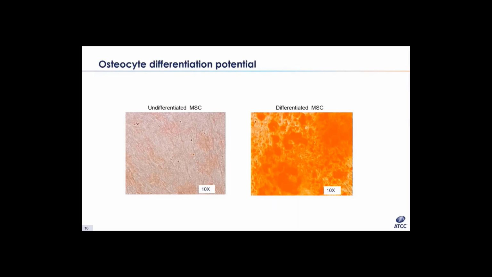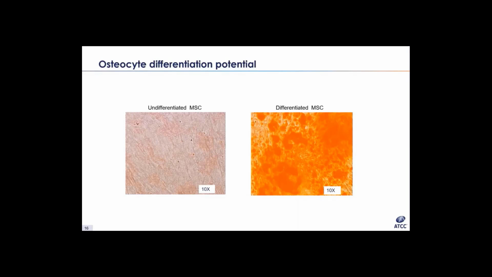As I mentioned before, MSCs have the potential to differentiate into mesodermal lineage cells such as bone, cartilage, and fat cells. The next couple of slides show this. Here, our iPSC-derived MSCs were differentiated to osteocytes using ATCC's osteocyte differentiation tool, part number PCS-500-052.